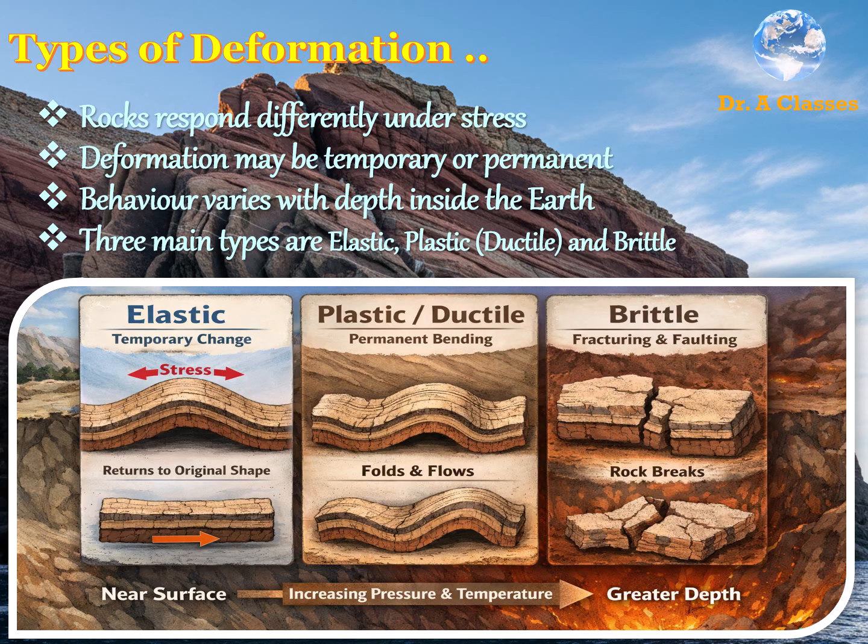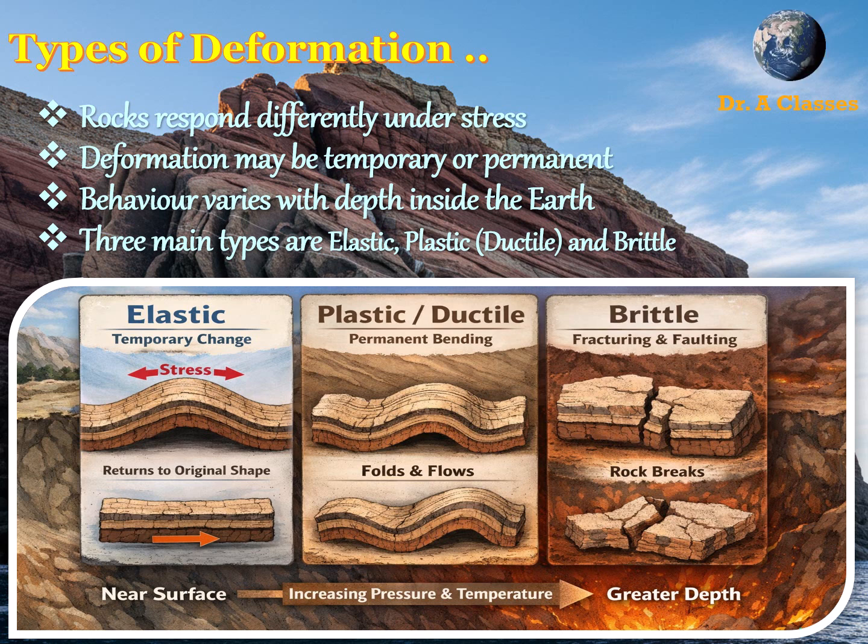Elastic deformation, temporary. In the first stage, rocks act like a spring. They absorb stress by stretching or compressing, but because the internal bonds are not permanently broken, the rock returns to its original shape once the pressure is released. Plastic or ductile deformation, that is permanent bending.